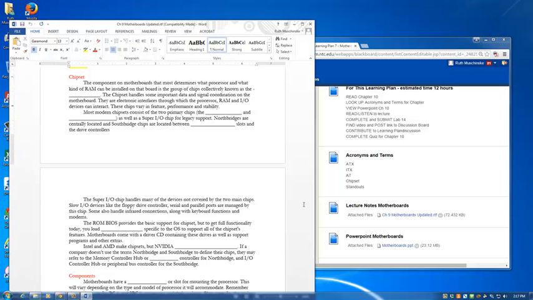Most modern chipsets consist of the two primary chips, often called the North Bridge and the South Bridge, as well as a Super I/O chip for legacy support. North Bridges are usually centrally located, and South Bridge chips are located between expansion slots and the drive controllers.